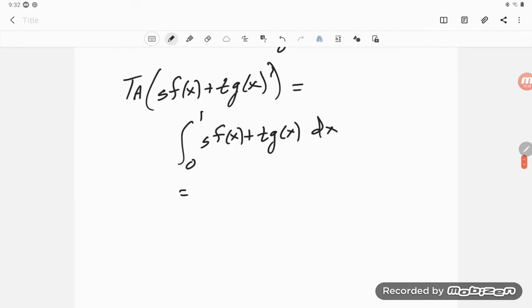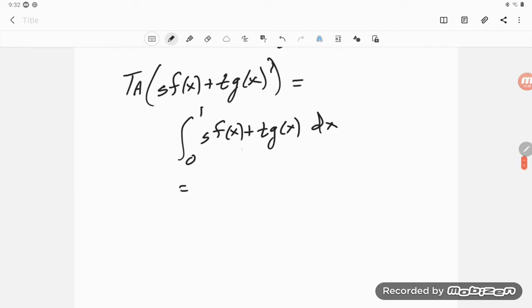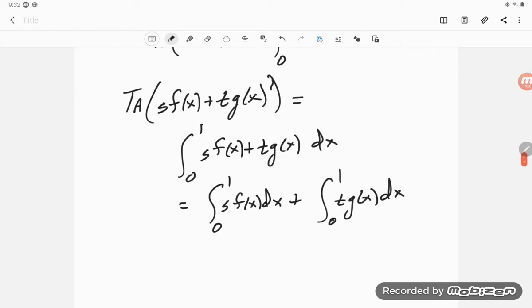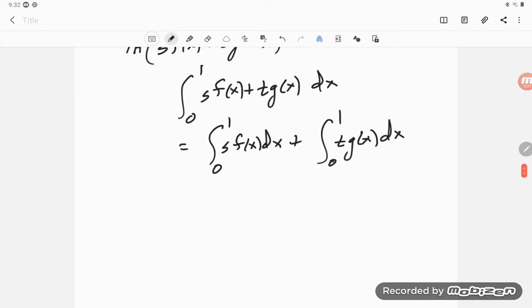But then I can separate the integral at the plus, so this is the integral from 0 to 1 of s f of x dx plus the integral from 0 to 1 of t g of x dx. And then I can pull the s and the t out of each of those integrals because they're just real numbers.